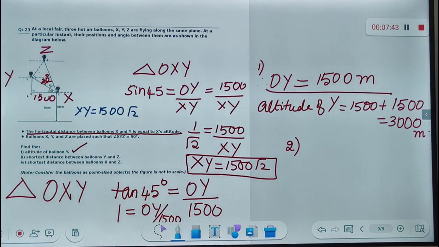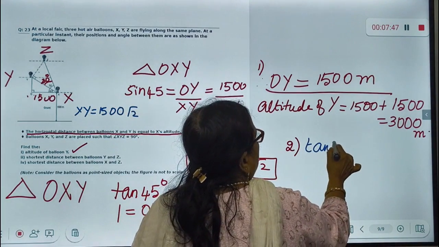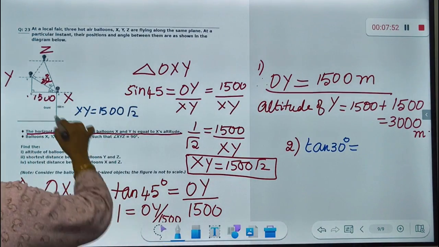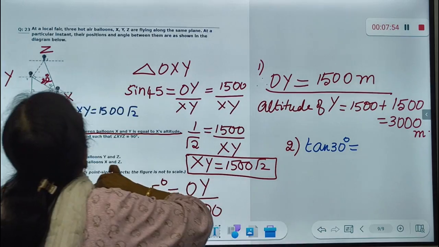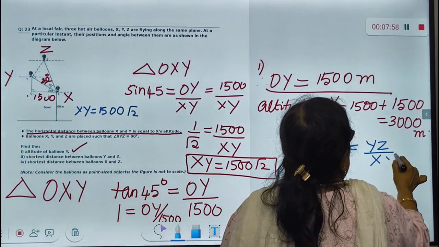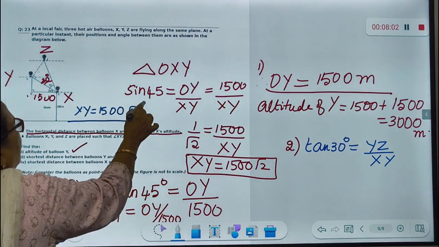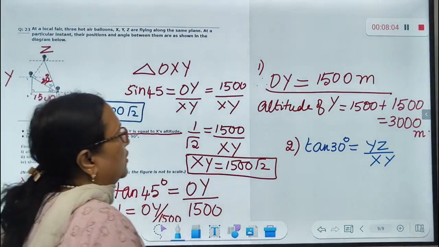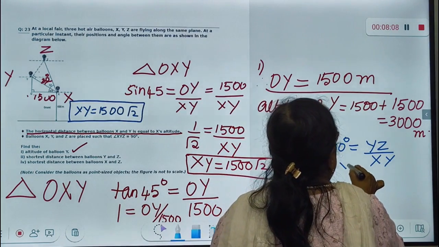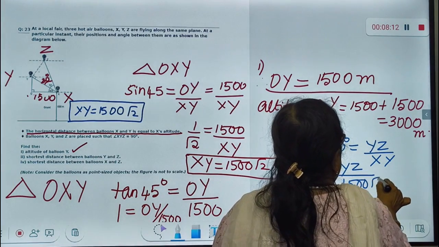Okay, so what is tan 30? Tan 30 will be equal to, what is the distance? YZ by XY. XY is what? 1500 root 2. Okay, tan 30 you know is 1 by root 3. So 1 by root 3 is YZ by 1500 root 2.